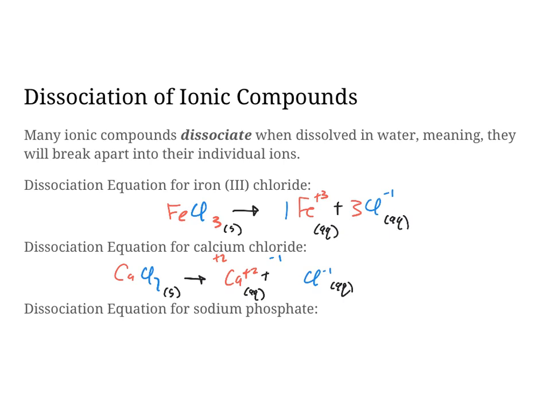Then I balance this equation. I'm going to put a 1 in front of calcium and a 2 in front of chloride, because that gives me the appropriate amount of ions on both sides.